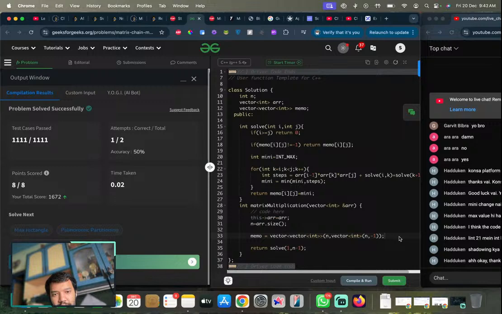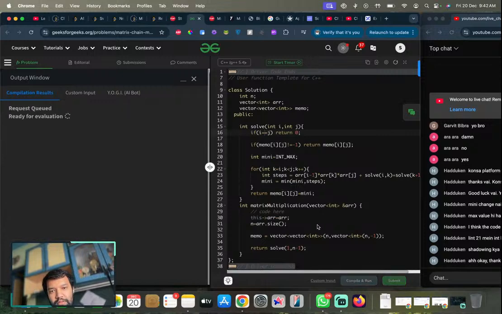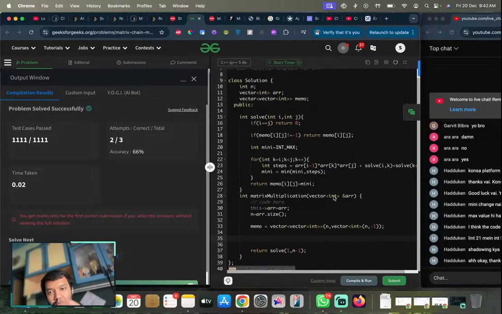How will I write the memorized version? Let's do one thing: first, let's do the base case for the top-down version.